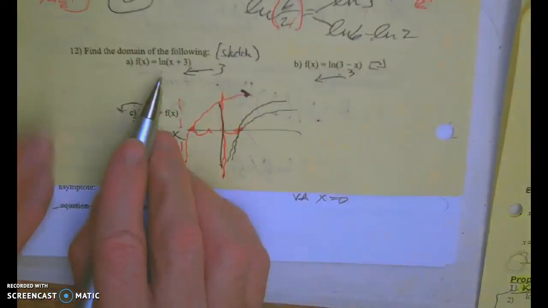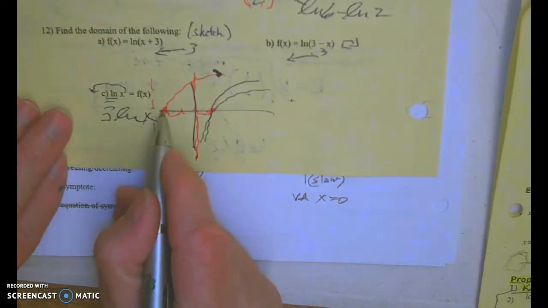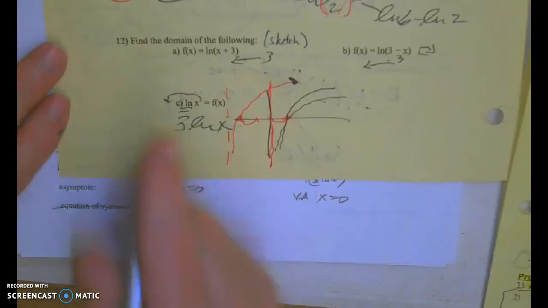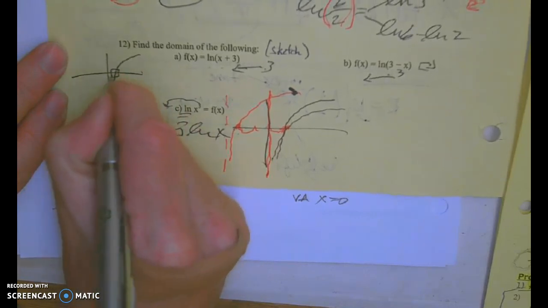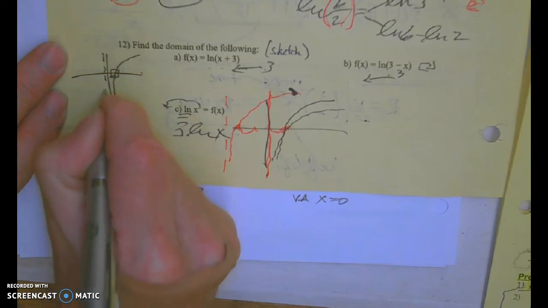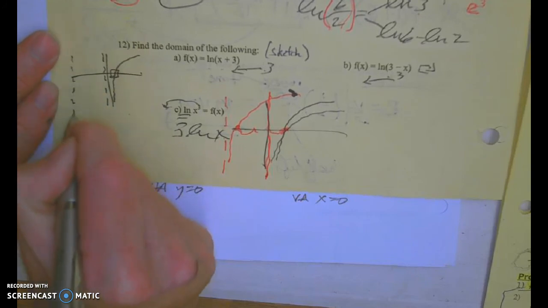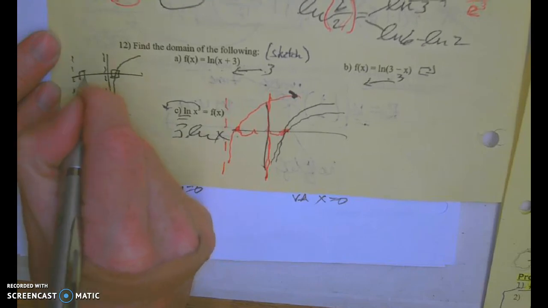Going to the domains here, the best thing to do is to graph it, sketch it. Once you sketch it, you'll end up with this as your graph. Or excuse me, you will end up with a shift of 3 to the left. So if I take my natural log graph and put it here, and then shift that focal point and that asymptote to the left 3, I will end up with an asymptote now sitting at -3, and I have a new focal point which is over 3 from 1, so it's over 1, 2, and 3, and it's sitting at -2.